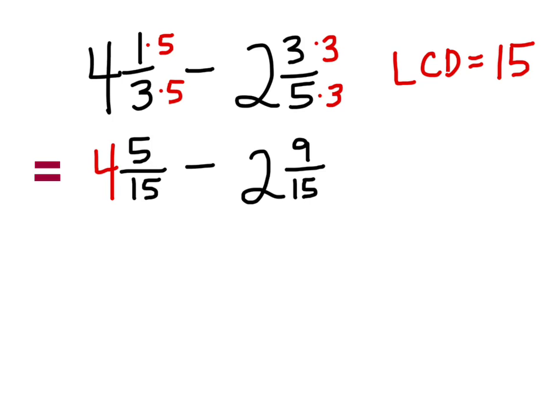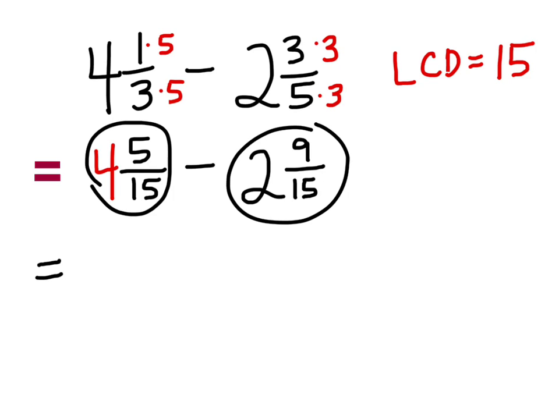Now, one of the things that we talked about is we could look at just the whole numbers subtracting. 4 take away 2 would work, but then we have to think about the fractions. 5/15 take away 9/15, you can't do that without getting a negative number. So here we're going to have to actually make these two fractions improper in order to do our subtraction.